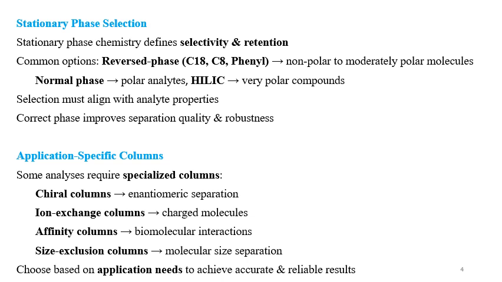Common options: reverse phase C8, C18, phenyl for non-polar to moderately polar molecules, normal phase for polar analytes, and HILIC for very polar compounds. Selection of the stationary phase must align with the analyte properties. The correct phase improves separation quality and robustness.